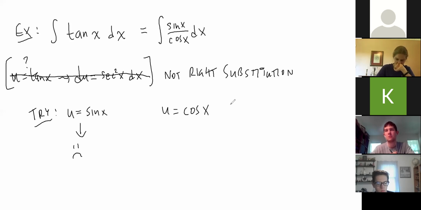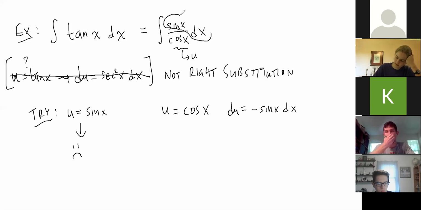This one, if I did u equals cosine, the derivative is minus sine dx. So things look pretty good. I've got cosine there, and that looks like u. And then the rest of this stuff together, sine x and dx together. Well, there's a minus here, but you can always multiply both sides by minus.